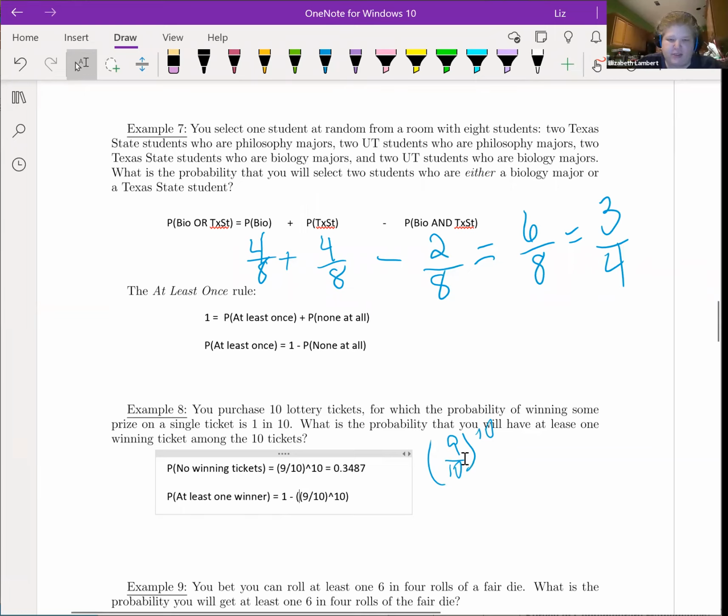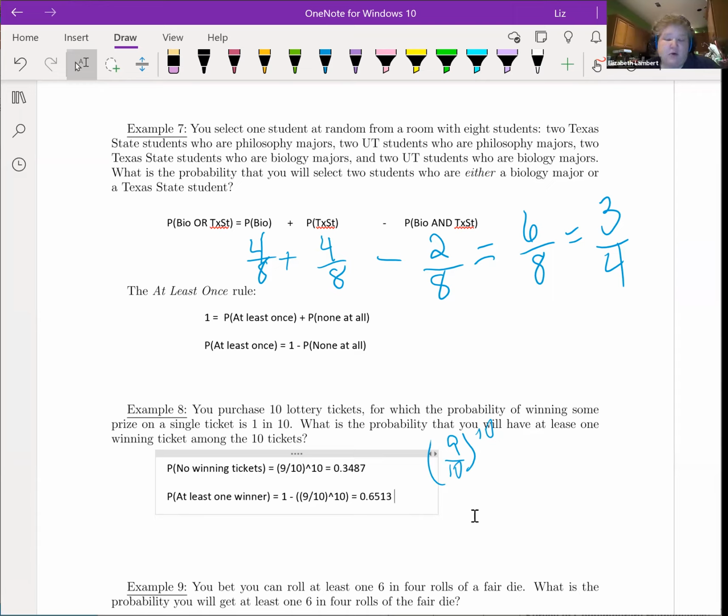But if you want to be extra careful, you can put an extra set of parentheses to say, do the fraction, multiply it 10 times, then do 1 minus that result. Because that is what we want, and it's 0.6513. And if you look at the 0.3487 above, those two add to 1, which they better since I did 1 minus the result we had before.